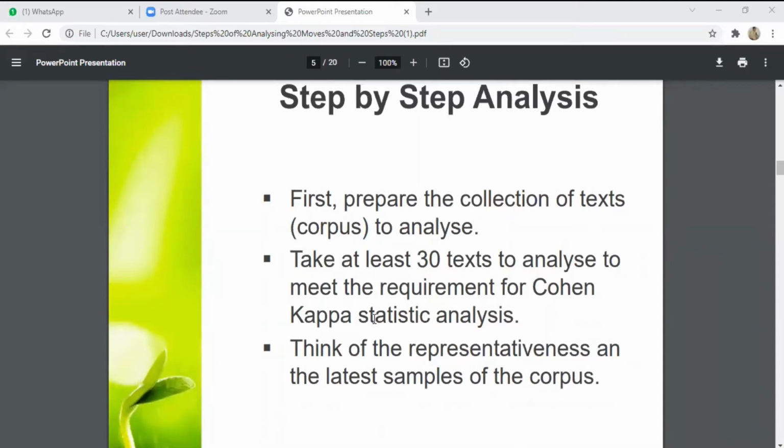That is okay, but you can also collect the text to analyze first. It is called a corpus. You have to find at least 30 texts, or 30 articles, or 30 parts of articles like abstract, introduction, discussion, method, and conclusion.